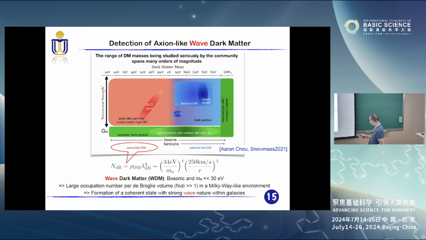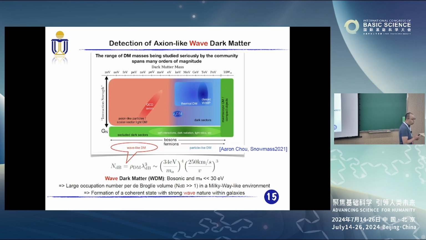And the mass range spanned by the dark matter candidates on the market is over 80 orders of magnitude. And here, roughly speaking, these dark matter candidates can be classified into 3 categories.